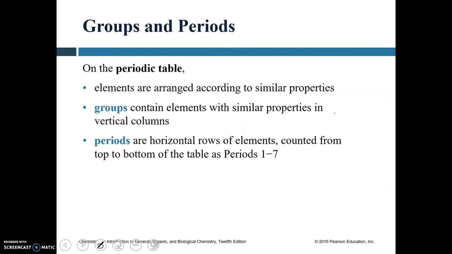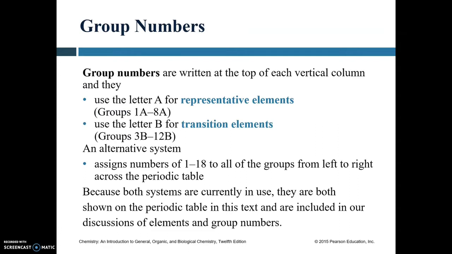So elements are arranged more or less into columns and periods according to their properties. Columns contain groups, and they contain elements with similar properties. Horizontal rows are called periods, and they are numbered as periods 1 through 7 from top to bottom of the table.